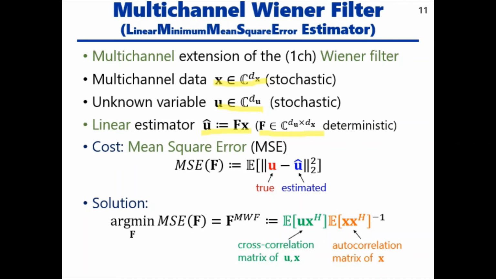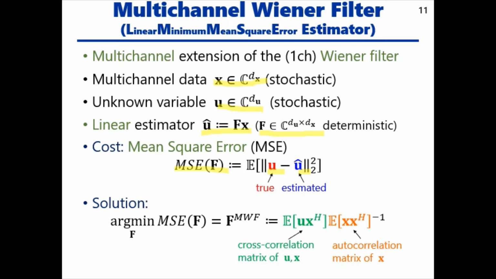Different choices of the matrix F lead to different estimators, but what we'd like to do here is find the one that minimizes the mean square error between the unknown variable U and its estimate U hat.